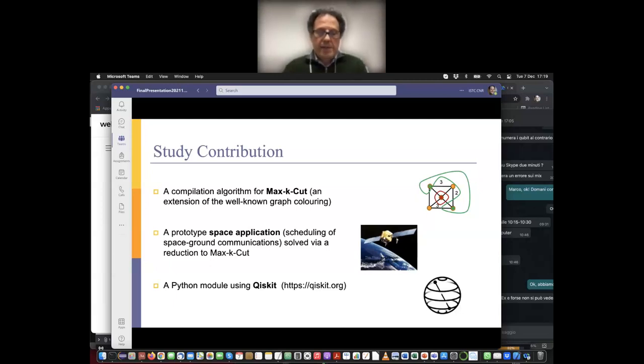And next, the other contribution was a Python module which used the Qiskit framework, which is a well-known framework for working on quantum computing.